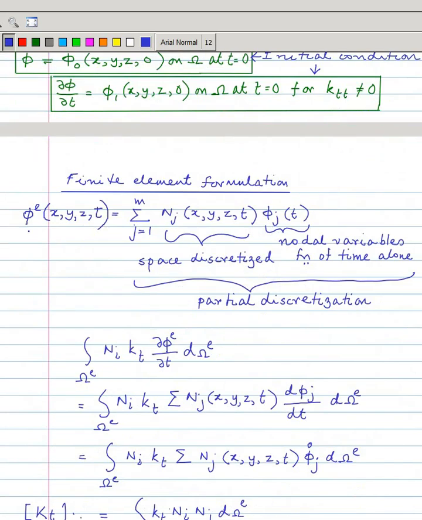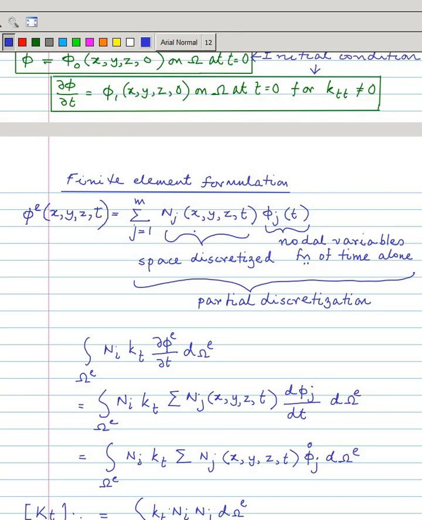So here the field variable is a function of the space variables along with the time variable. Here what we do, we discretize the space. That is, here the nodal values are time dependent. Unlike equilibrium problems guided by quasi-harmonic equation, which we have seen, where the nodal values were not dependent on time, here the nodal variables are dependent on time.